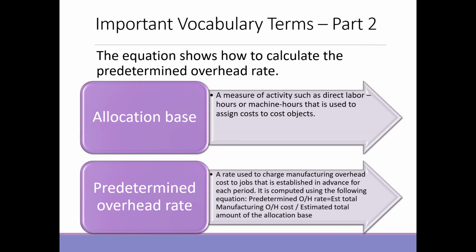But in order to make sure we're pricing the jobs correctly, we've got to come up with the manufacturing overhead we think we're going to have throughout the year so we can assign those jobs. Predetermined overhead rates, remember, is always an estimate. We estimate the total manufacturing overhead costs and we estimate the allocation base to come up with that predetermined overhead rate. It's all an estimate. That's the best we have because none of the costs have come in yet.